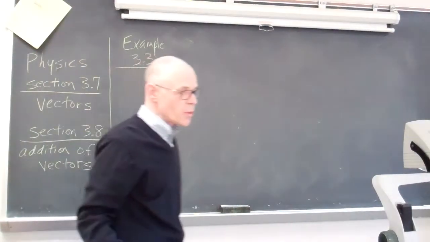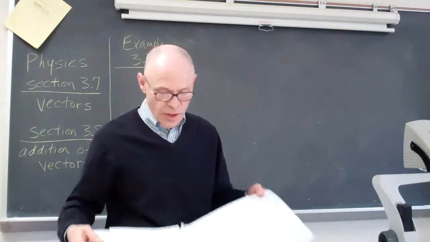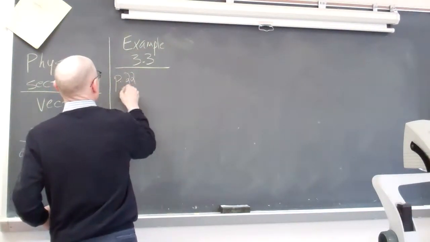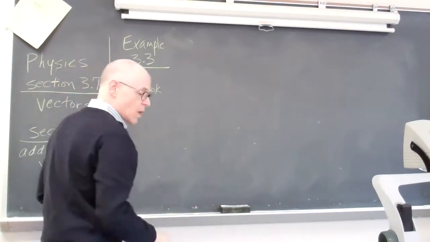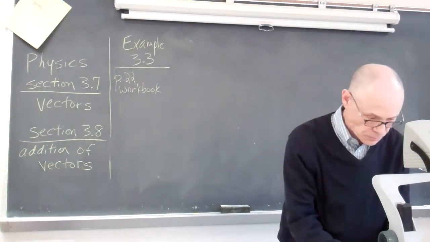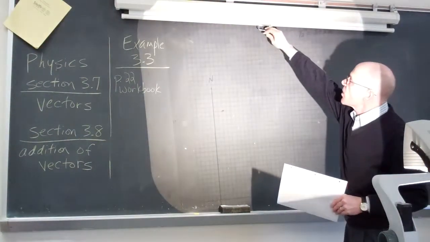So this is example 3.3, page 47 in the textbook, but you're going to be doing your work here on page 22 in the workbook. So here's a piece of graph paper where you can follow along. Hopefully you can see this okay.